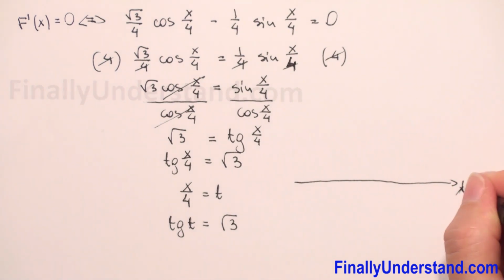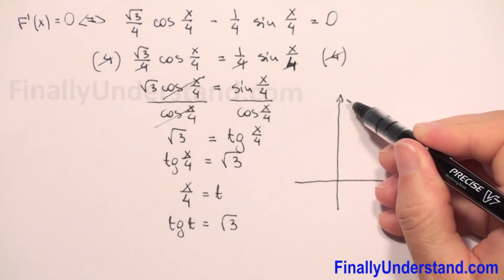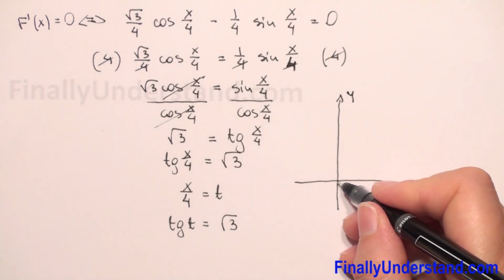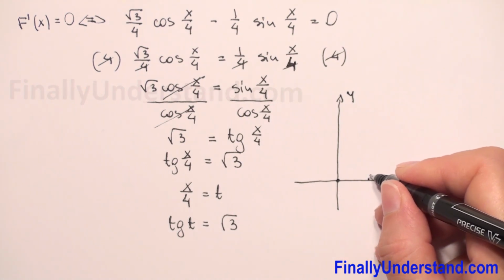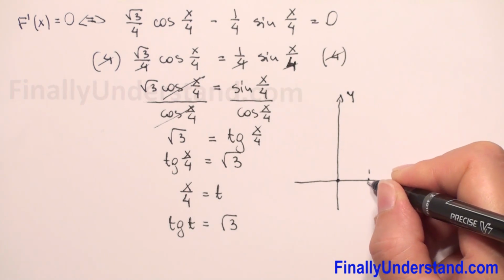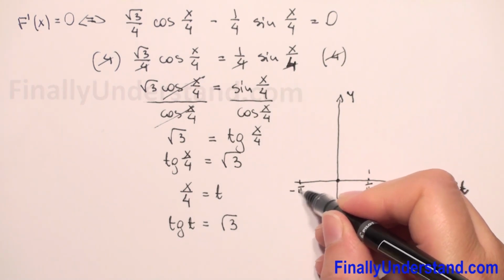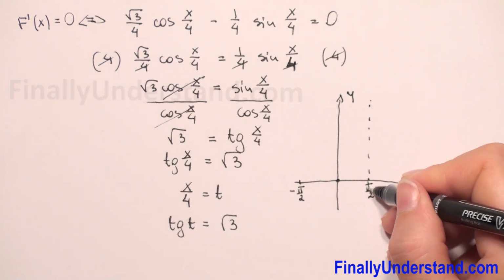This is the t axis, this is our y-axis. Tangent of 0 is 0. This is our asymptote for pi over 2, and for negative pi over 2 the tangent doesn't exist.